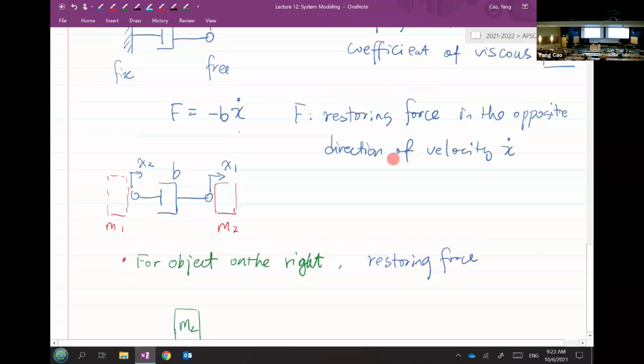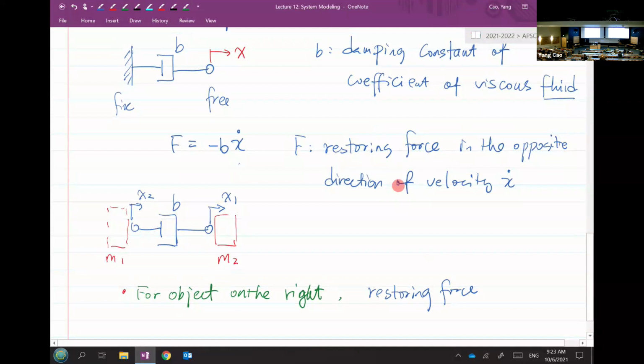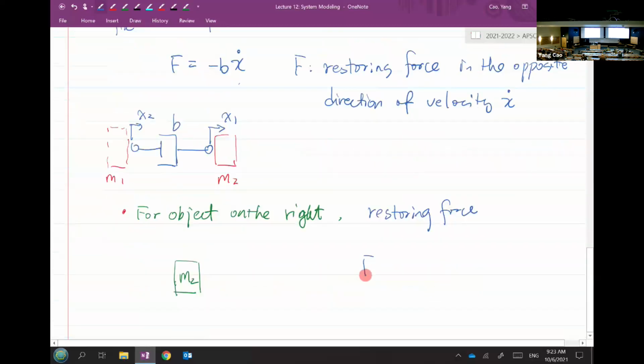So we pretty much use exactly the same analogy as the spring. You can temporarily fix one end. If you fix one end, your force equals negative B x1 dot. If one end is fixed, then that's just negative B x1 dot. It's in the opposite direction of x1 dot, the velocity.